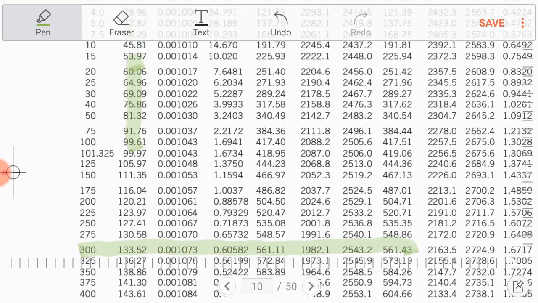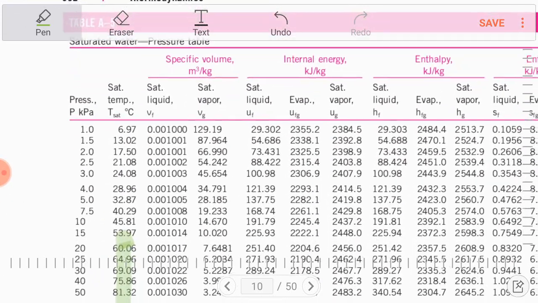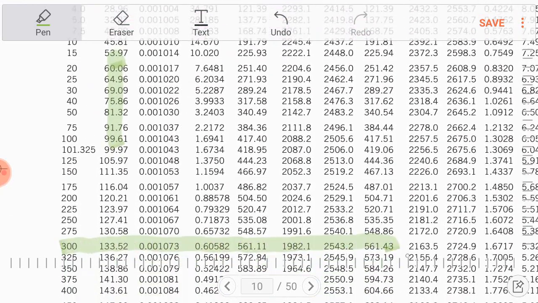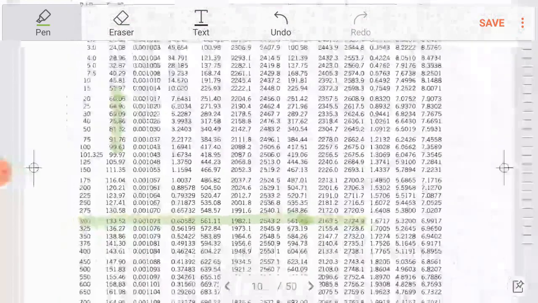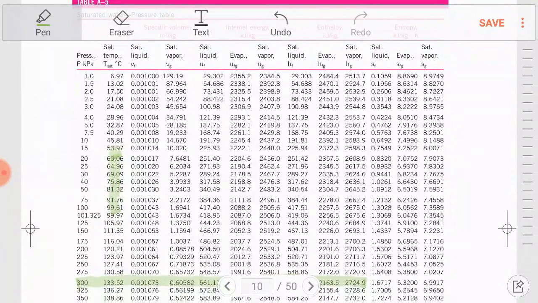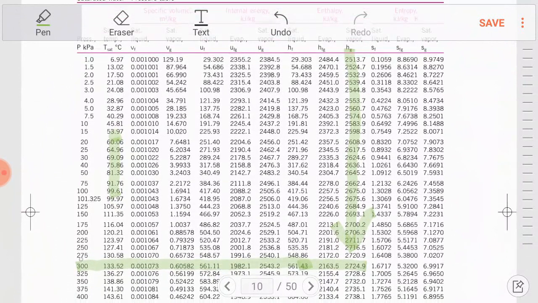We have to see Hg, and this is Hg. We have to highlight this value up till this point. So if we minimize this, this is Hg. You can see we have to check the value of Hg, that is 2724.9 across the pressure and Hg.